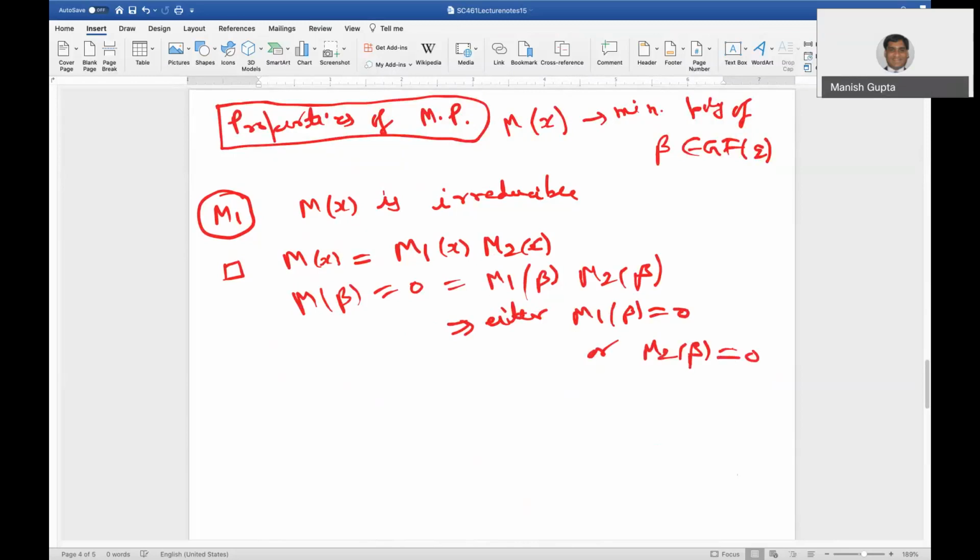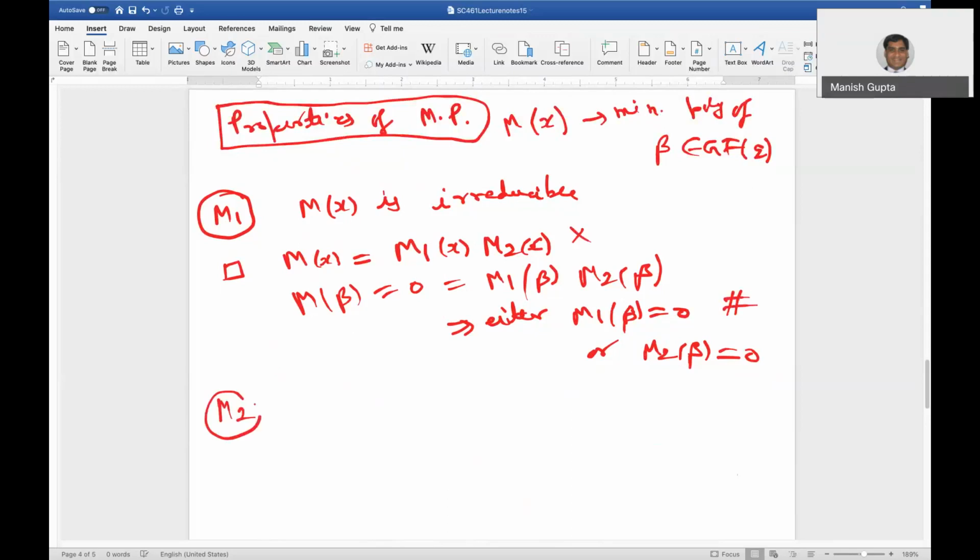If m1(beta) is 0, that means beta is a root of a polynomial of lower degree than m(x). Similarly, in case of m2(beta), beta is a root of a polynomial of degree lower than m(x). In both cases we get a contradiction, because m(x) is the lowest degree polynomial for which beta is a root. So this is not possible, so m(x) is irreducible.